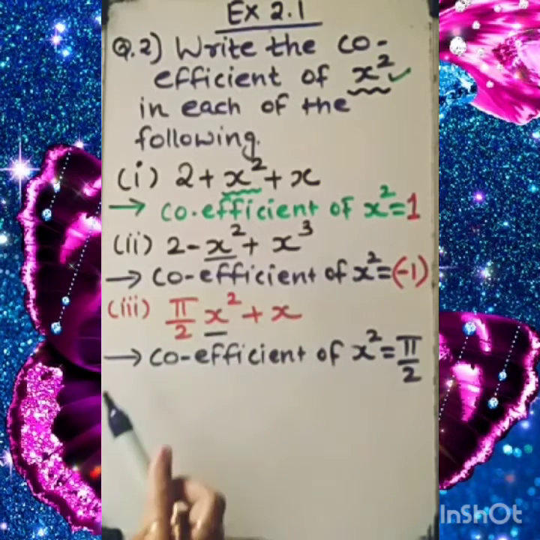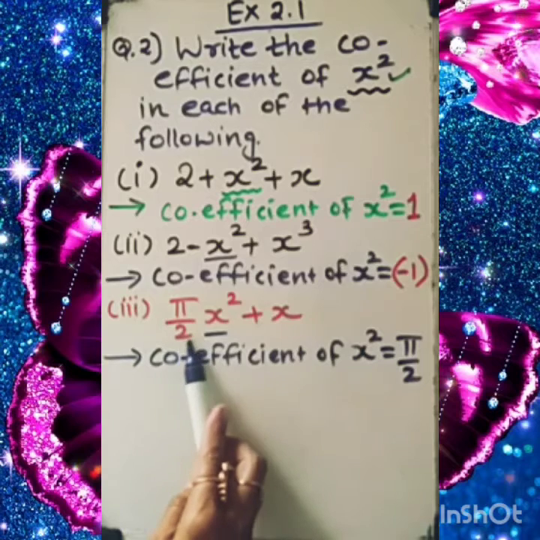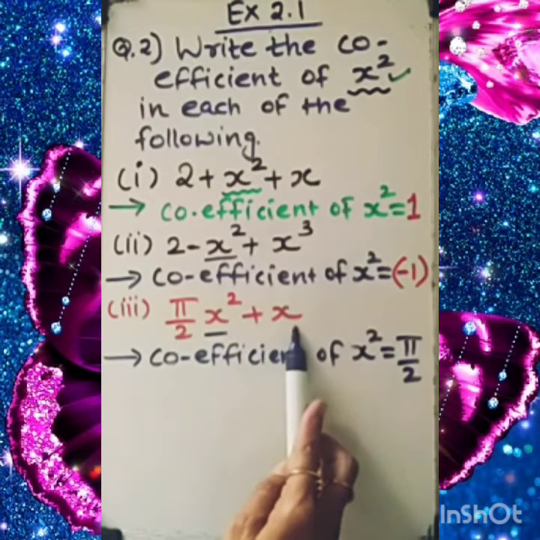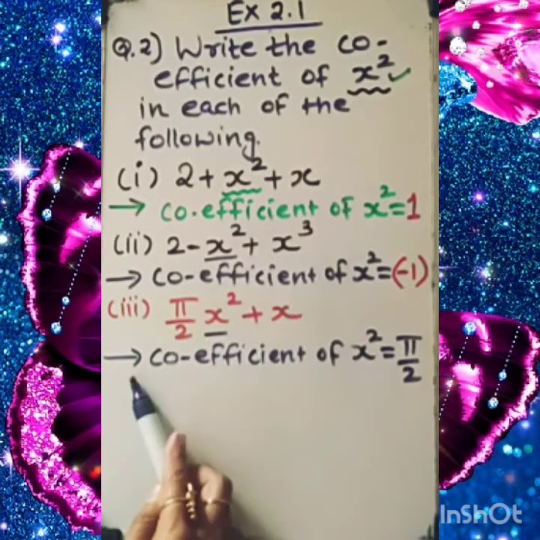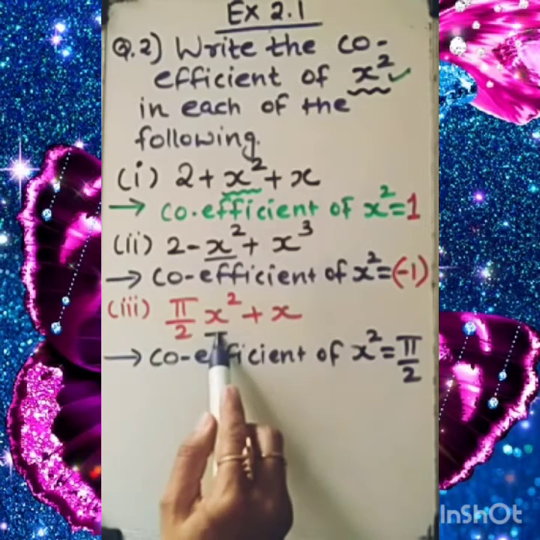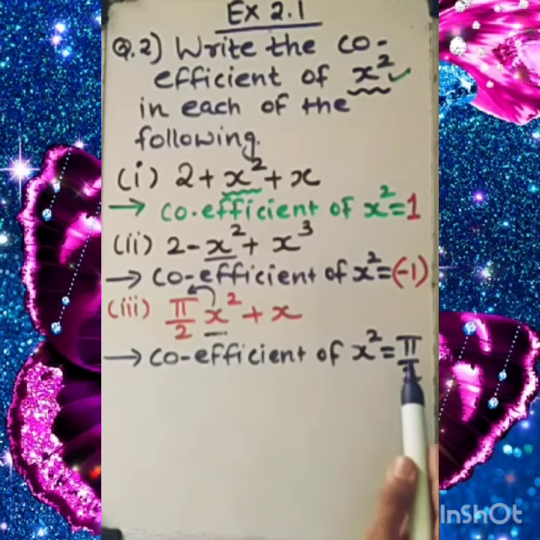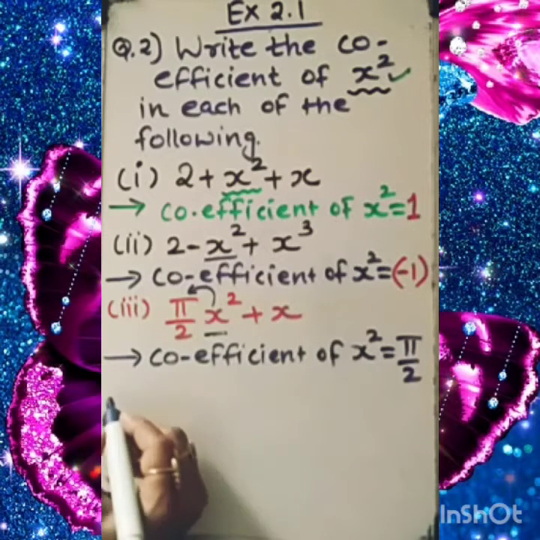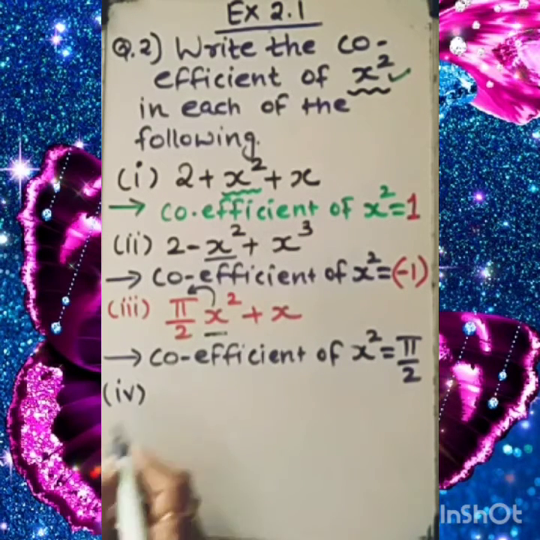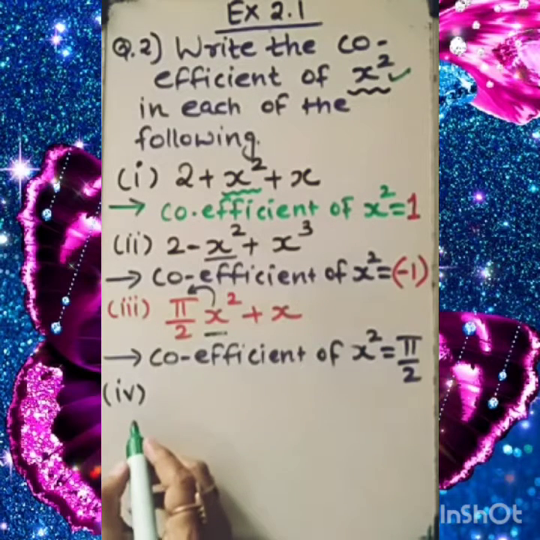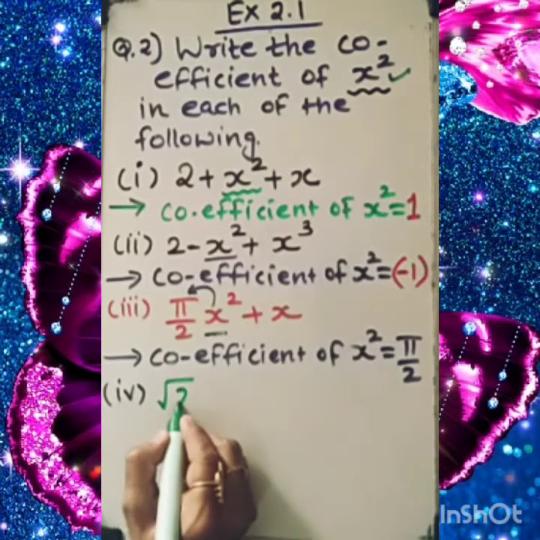Here in the third you can see we are given 5 by 2 x square plus x. So the coefficient of x square: which number is in multiplication with x square? That is 5 by 2. Next, we are given a polynomial with under root 2 x.